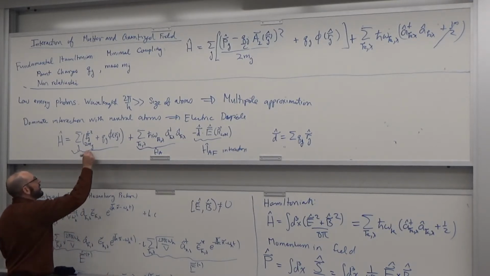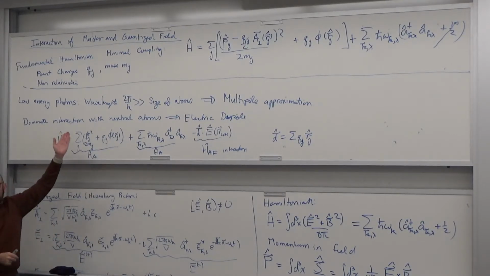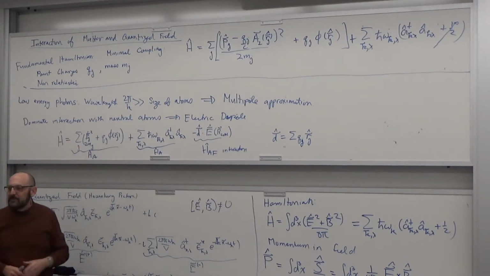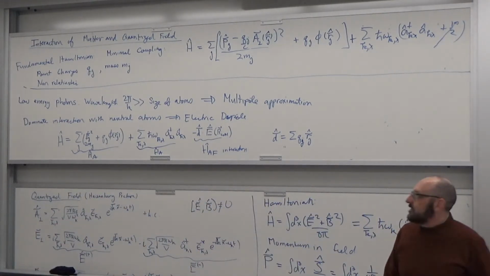It could, for example, be a hydrogen atom, in which case I would have the kinetic energy of the proton, the kinetic energy of the electron, and the Coulomb interaction. So let's just write that down.